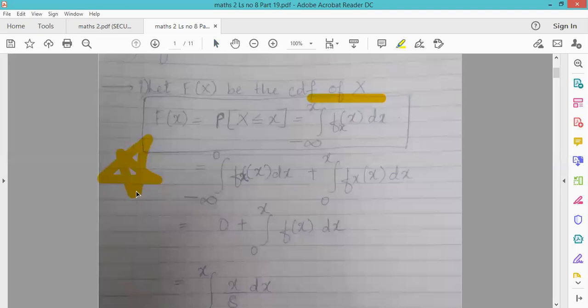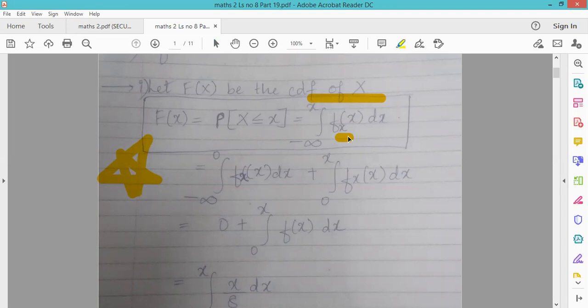F of x is equal to probability x less than or equal to x. The formula is integration from minus infinity to x, f of x with respect to dx. So F of x stands for the CDF function which we are going to calculate.